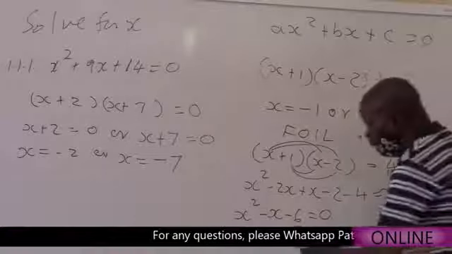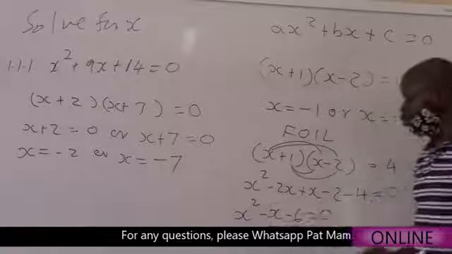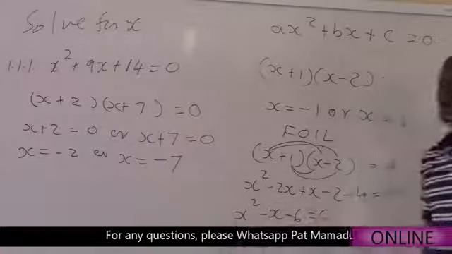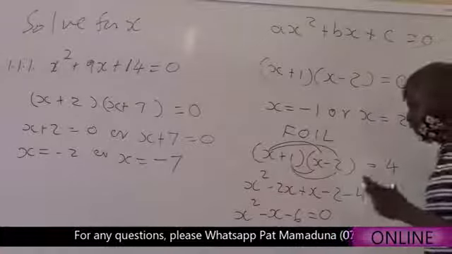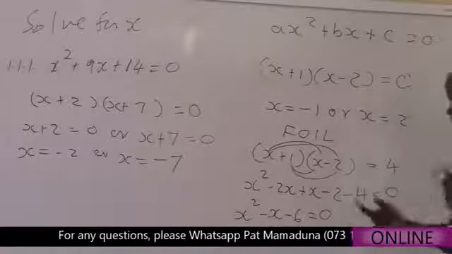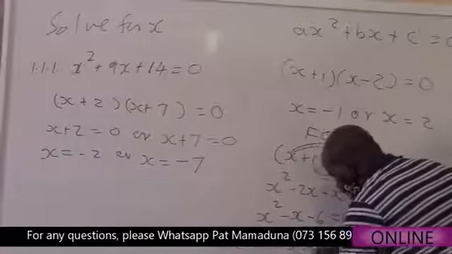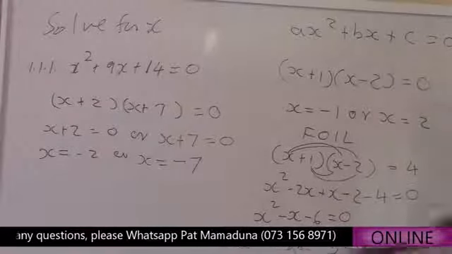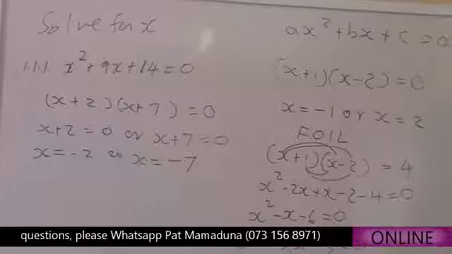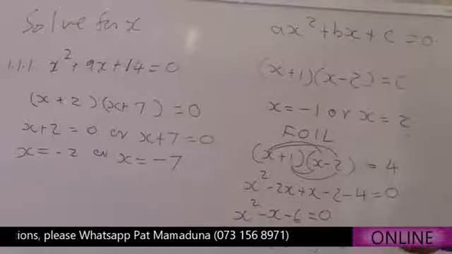And then now we come for the factorization. In this one, it's good because the first term is only an x squared, so the factors there will just be x and x. So we will have our x in the first bracket and x in the second bracket, and it equals 0 there. Then the factors of 6 also have 2 pairs, which is 1 and 6, and 2 and 3.